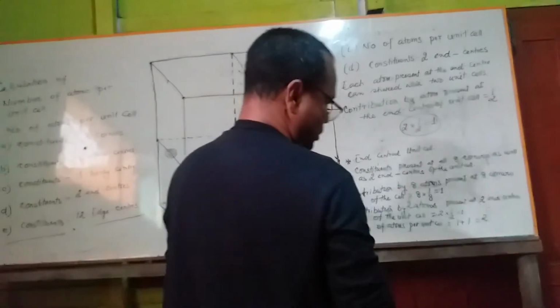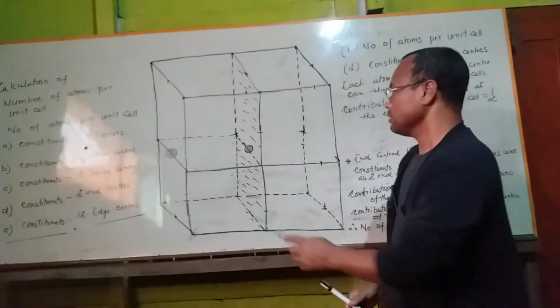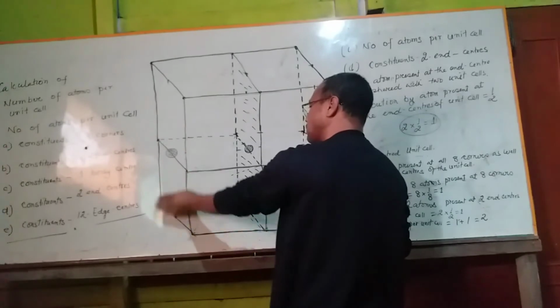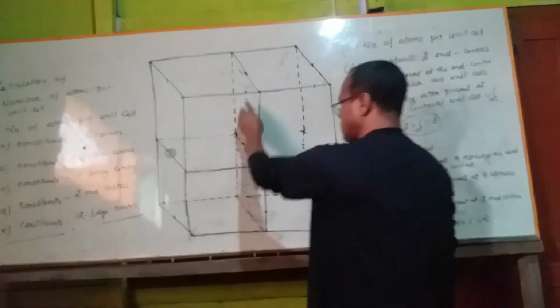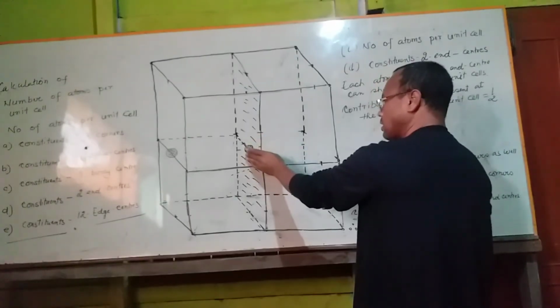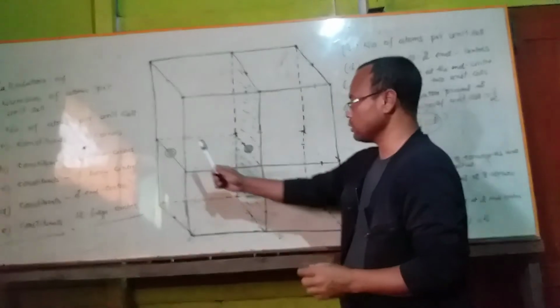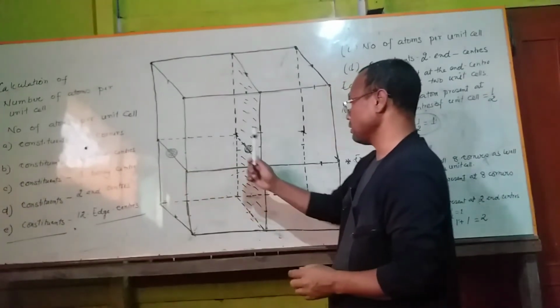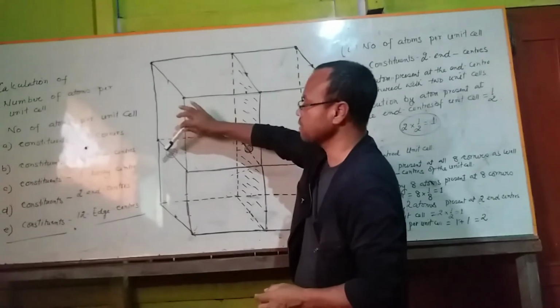Here, end center, as I said before, see one of these is one of the faces. The alternate face of this is this one. How many alternate faces do we have? Only 2 alternate faces, this one and this one. The center of this face, thus we can say face center.